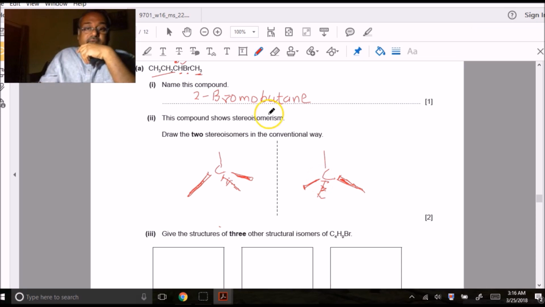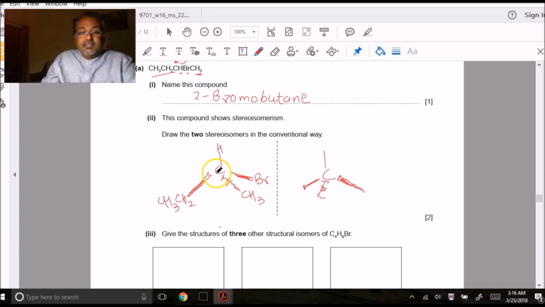Now I have H, Br, CH3, so I can put them anywhere I want. I'm putting H here, the Br here, then the CH3 here, and I have a CH2CH3, so I can write C2H5. I'm putting CH2CH3 here this way.